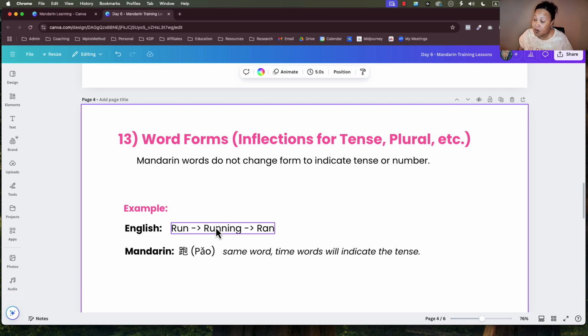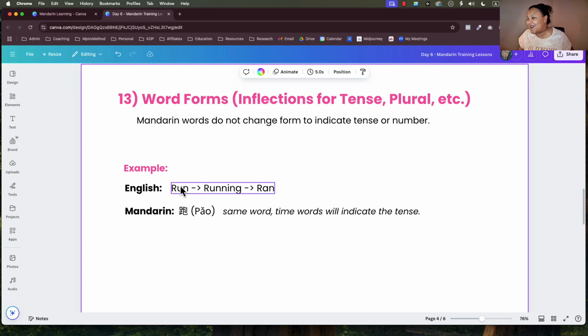Run is just the verb by itself. It will all be pao. Same word. Time words will indicate the tense. So whether we're saying ran, run, or running, it will all be pao. That makes it a little simpler. We don't have to know all of these different words for the same word.